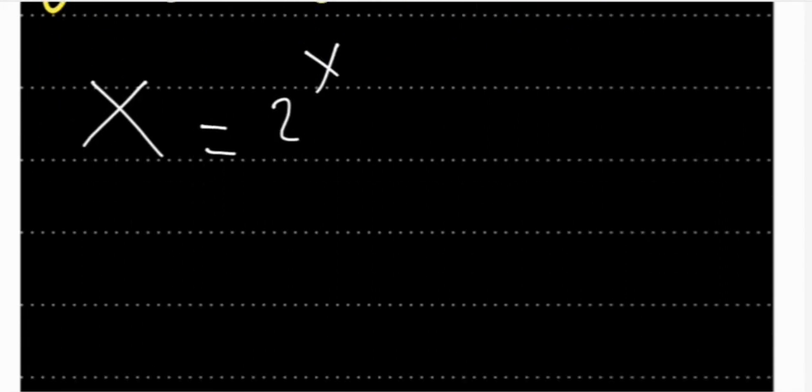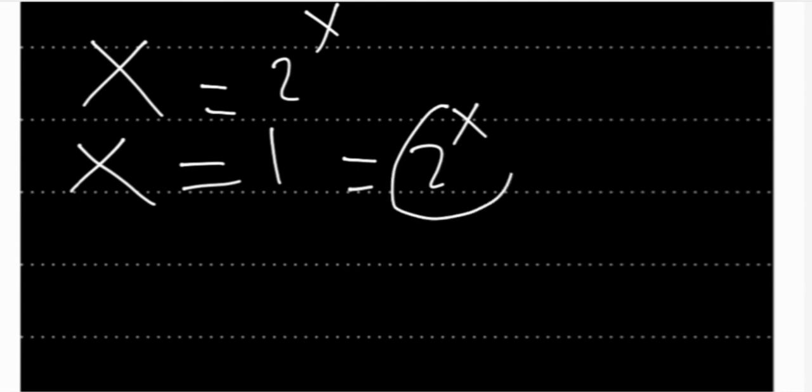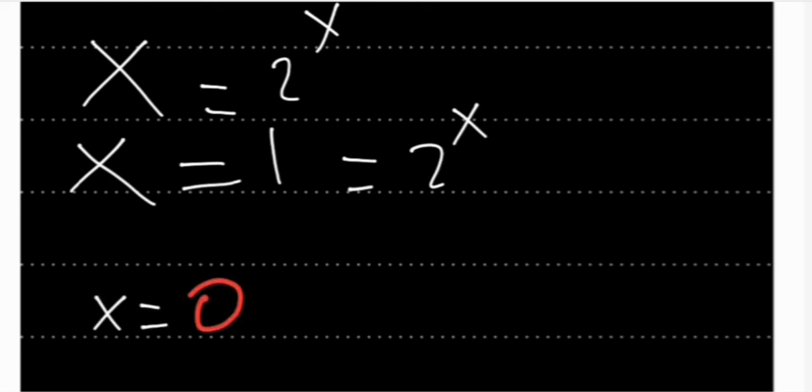Well, it was maximum when x equals 1, right? So when big X equals 1, let's find this x maximum, which is equal to 2 to the x power. So for 2 to the x power equals 1, then the small x must be equal to 0, okay? Because 2 to the 0 power is equal to 1, right? Any number to the 0 power is equal to 1.